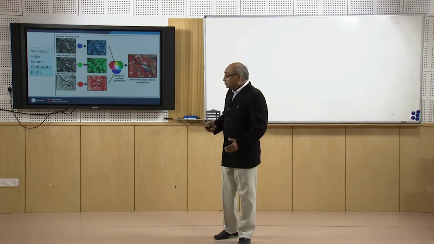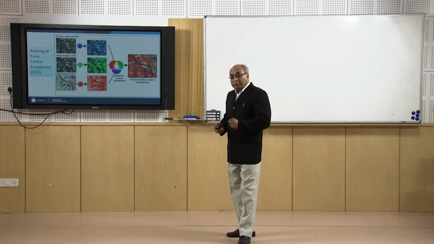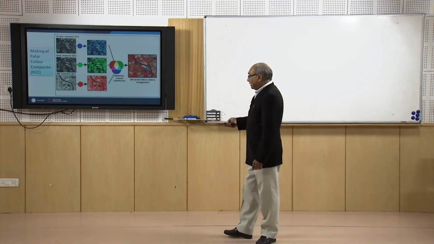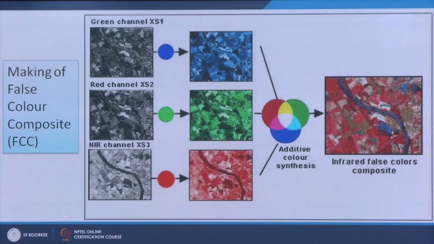Therefore that channel has to be involved. So which color will one assign? In a standard false color composite, generally the red color is assigned to this infrared channel, and the remaining two colors are assigned to the remaining two channels.